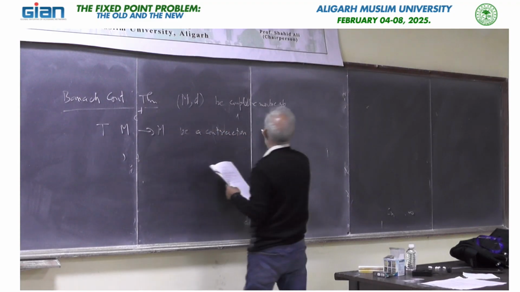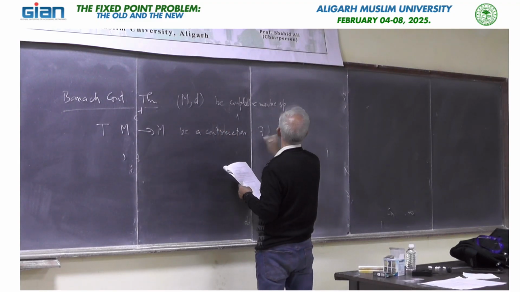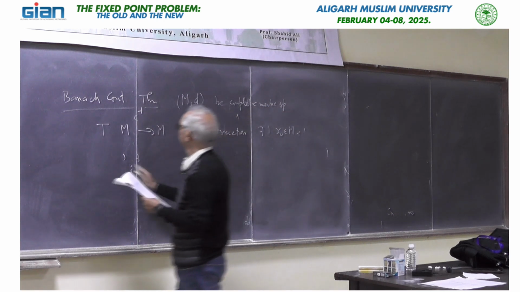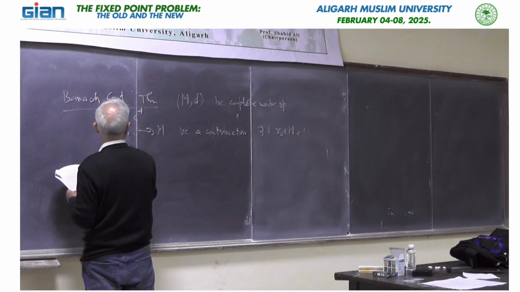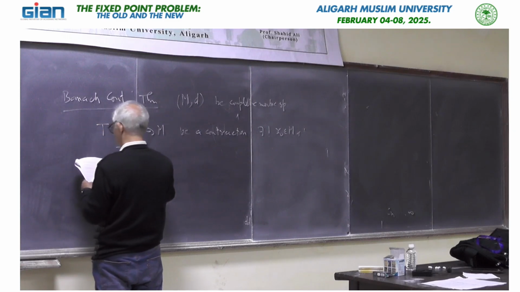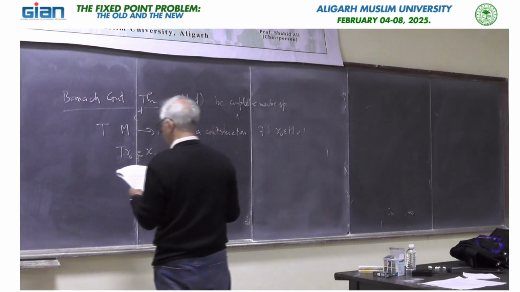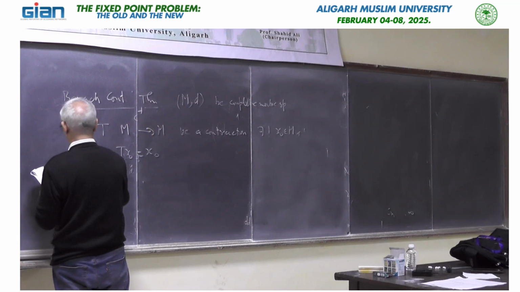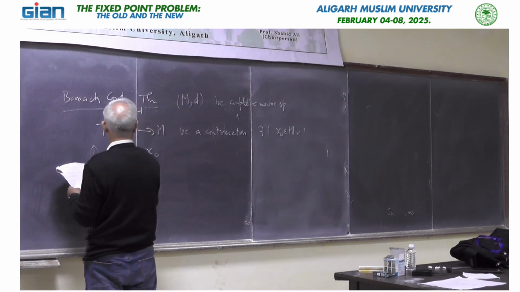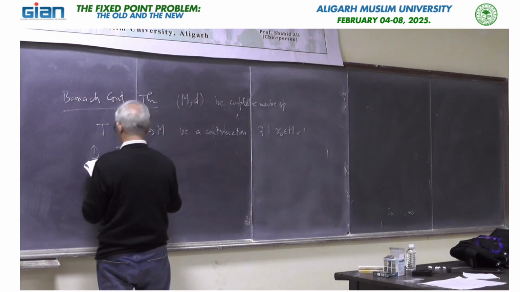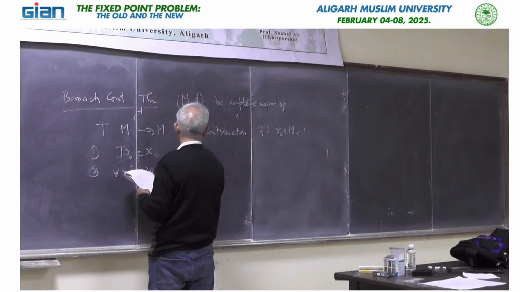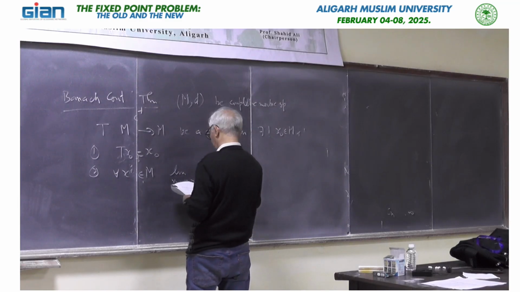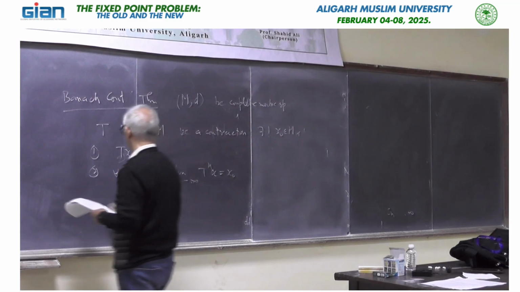Then there exists a unique x0 in M such that T of x0 equals x0, and that was the first thing. And the second one is, for any x in M, the limit as n tends to infinity of T^n of x equals x0. And then the last one.